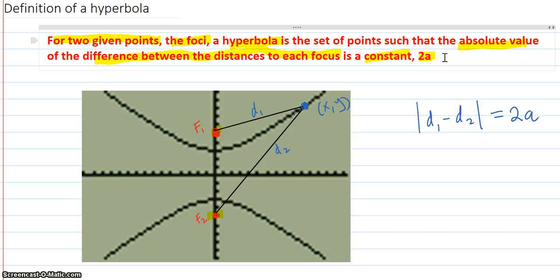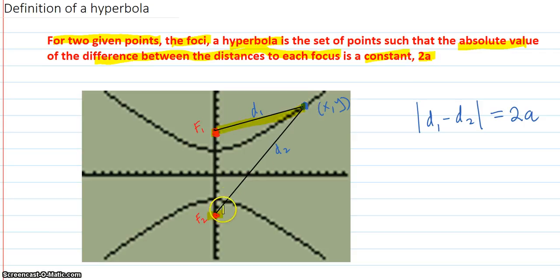So in other words, the distance to one point subtracted from the distance to the other one has to be a constant for all the points.